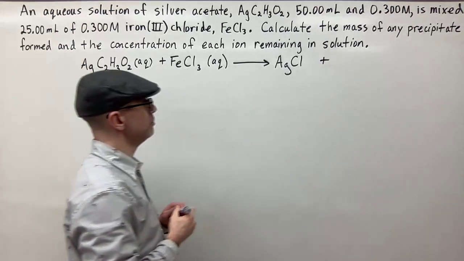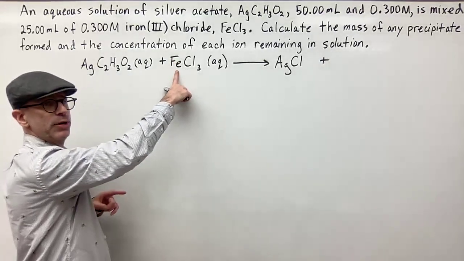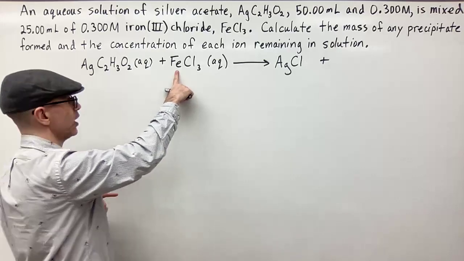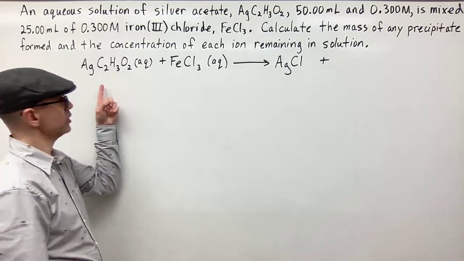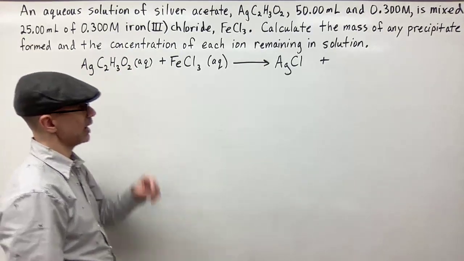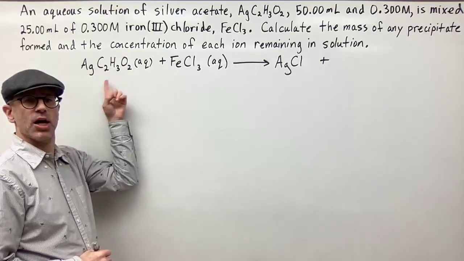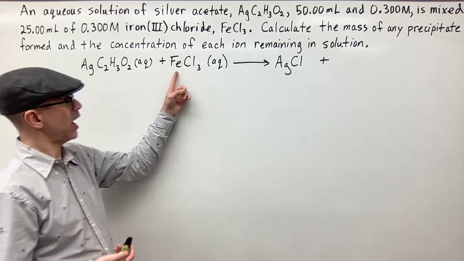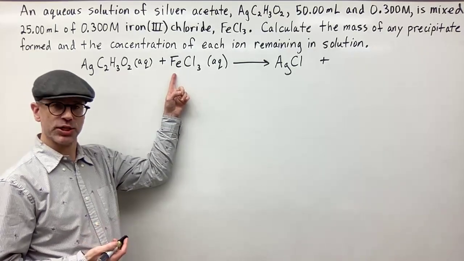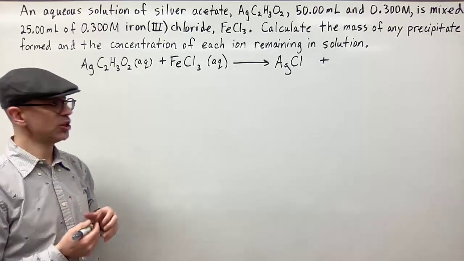Plus our other possible product is going to be the iron 3 ion, which has a 3+ charge, and the acetate ion, which has a -1 charge. This is our polyatomic ion. The acetate has a -1 charge and your iron has a +3 charge, so you're going to need 3 acetate ions to balance the charge.